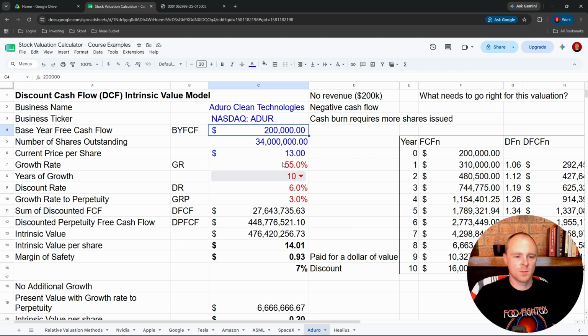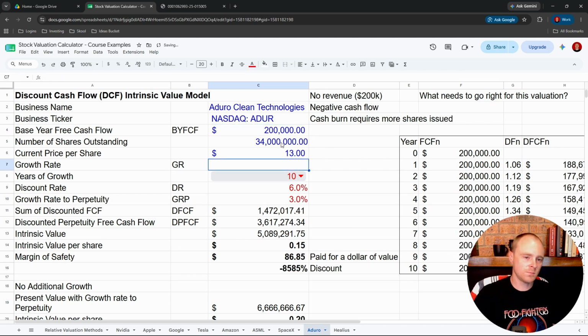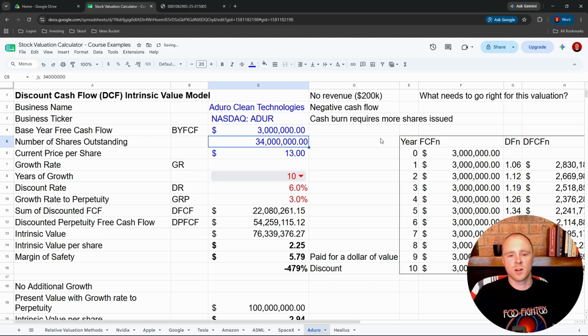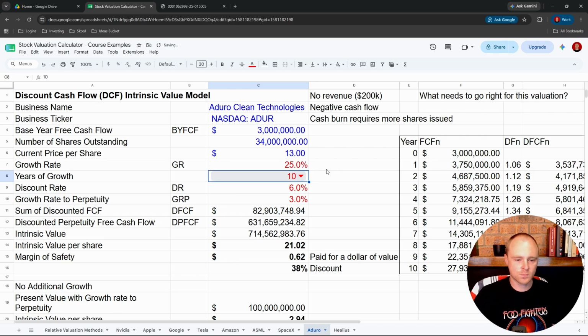Now, what about if this business, in the next 12 months or next 2 years, managed to get $3 million, got a large contract or a couple of contracts in place, and so that cash was coming through the business, what would the actual rate need to be? All right.